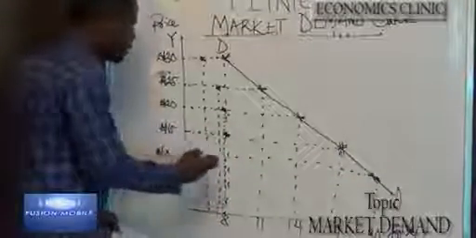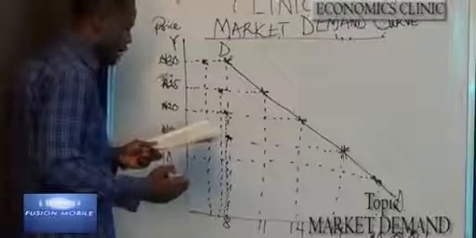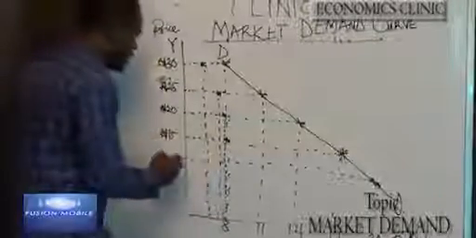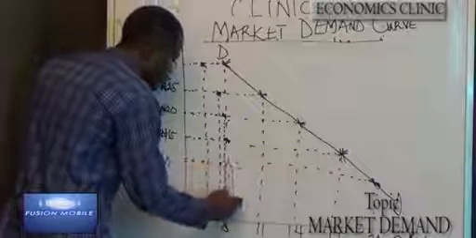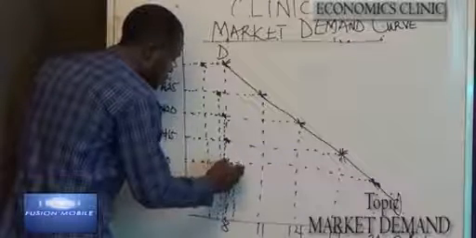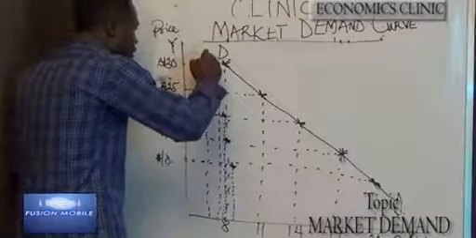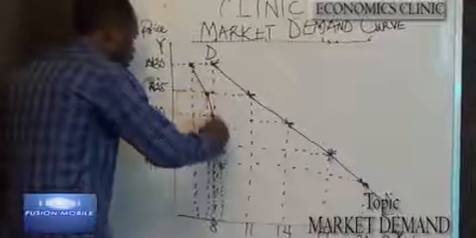At 10 naira, we have 9 quantity demanded. 9 should be around this place. Then we can draw our curve.